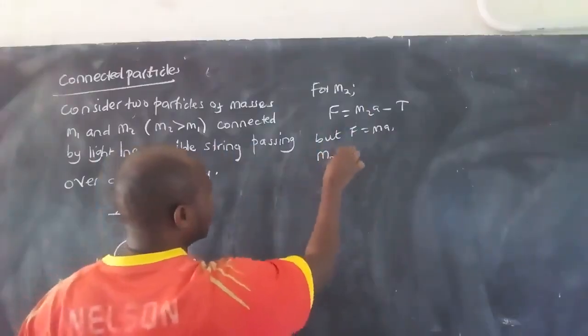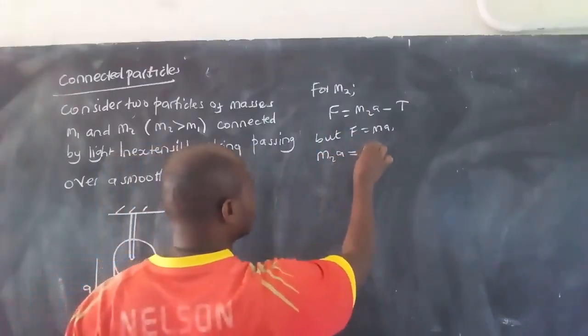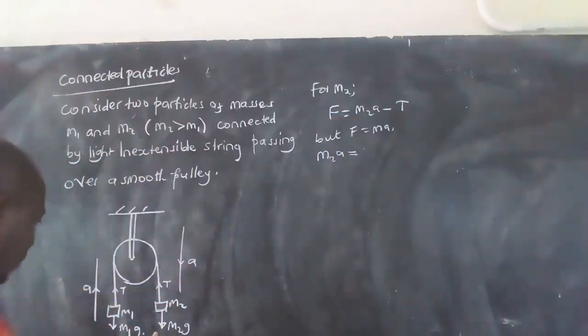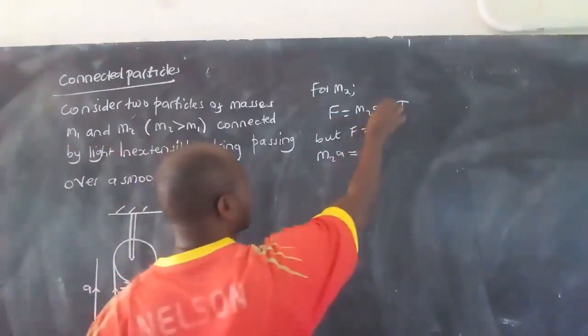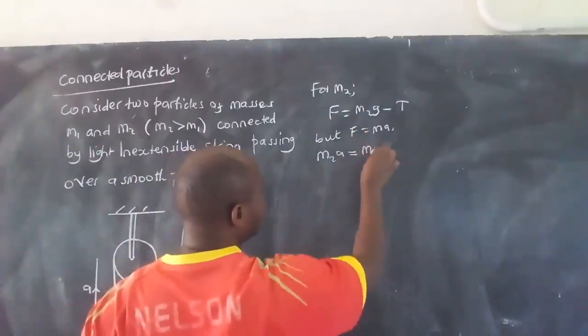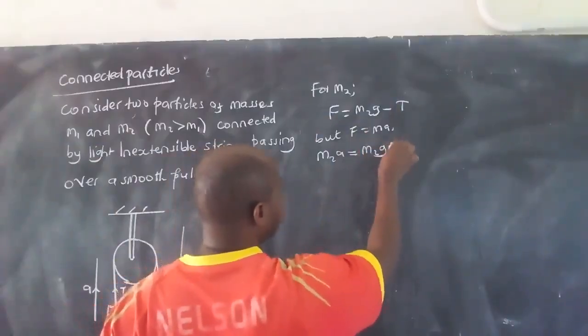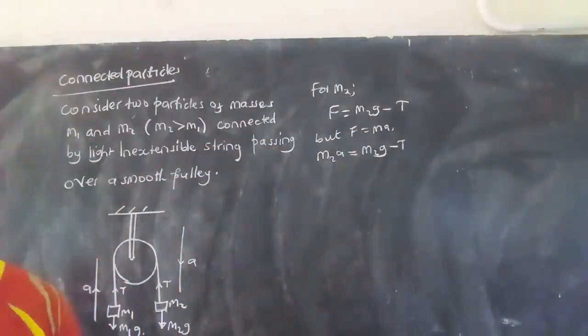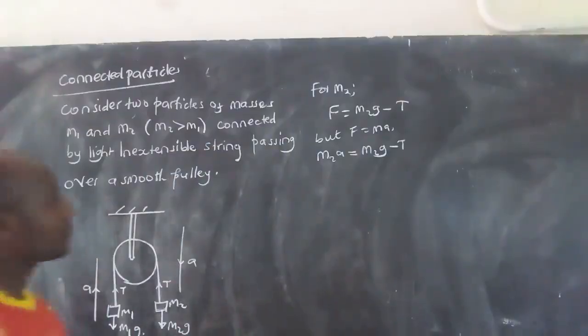So m2a is equal to m2g minus T. This we call equation 1.